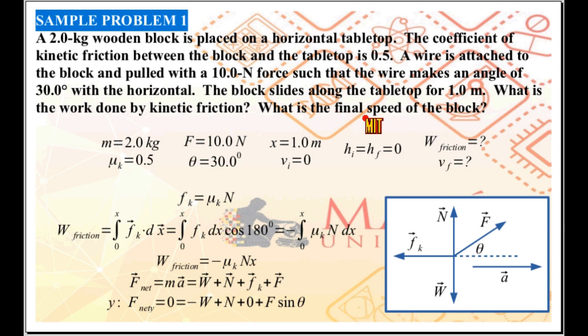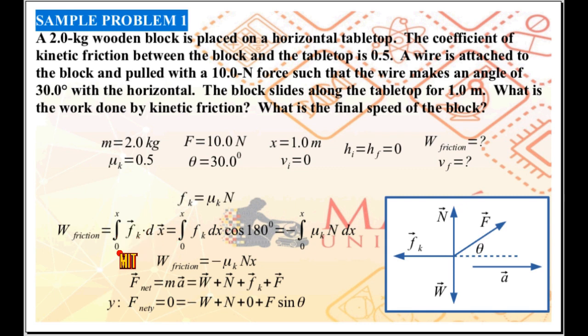Now, kinetic friction, we know to be Fk is equal to mu k N. Work done by friction, therefore, work done is equal to integral of F dotted with dx. So, work done by friction is integral of kinetic friction dotted with dx.